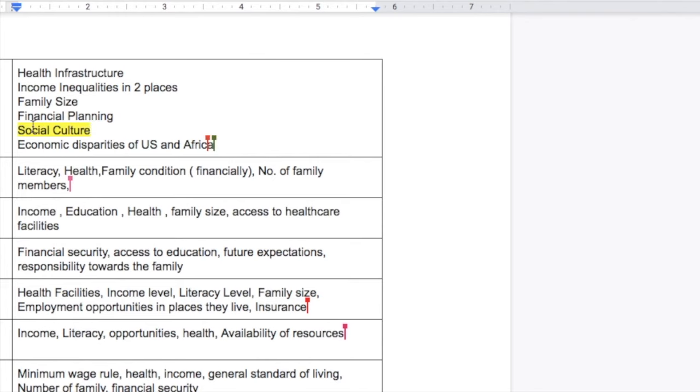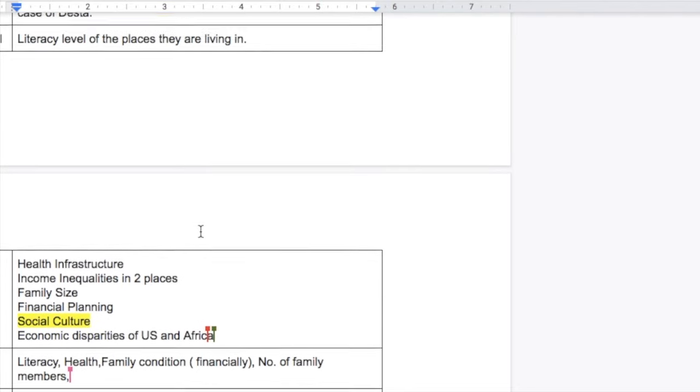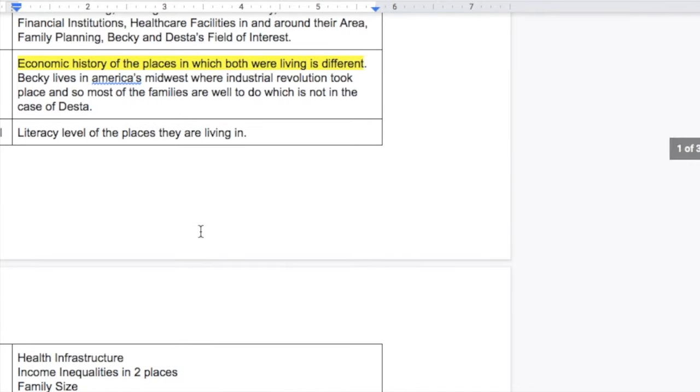Then social culture, yes, that I would say also plays an important role in explaining the differences in the kinds of lives these two girls are living. One is in a nuclear sort of setup, and the other one has a different kinship relationship where each individual is surrounded by other relatives, and financially also they are dependent on each other.